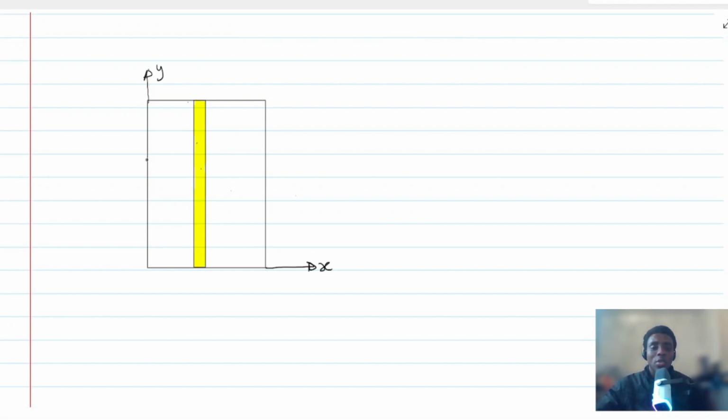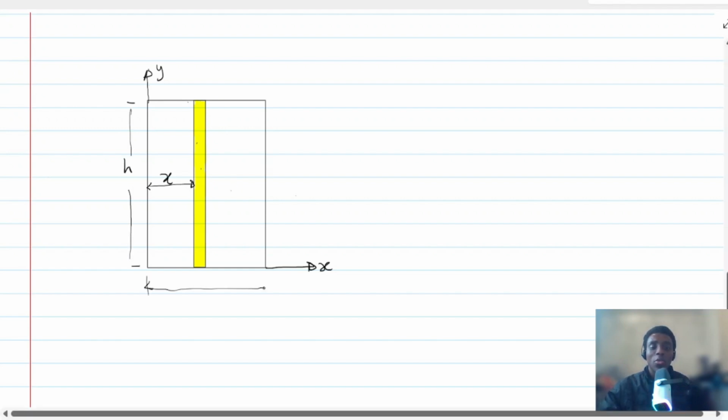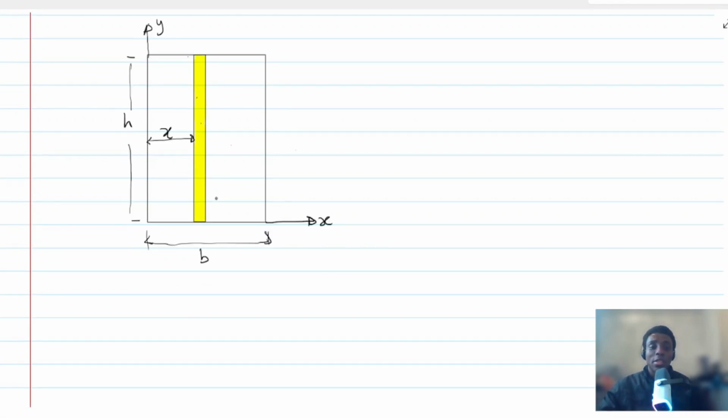So this time around, the distance all the way here to the elemental area, we are going to call it x, since we are moving around the x-axis. And then don't forget that the distance from here to here was h, and then the distance all over from here to this place was b. Okay, so let's quickly do this.